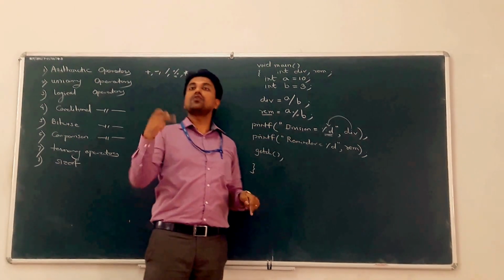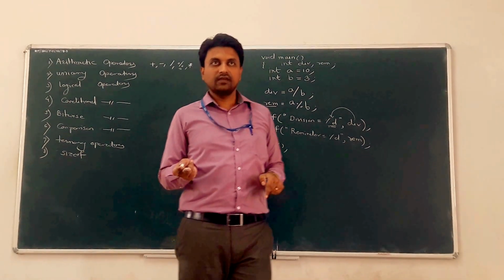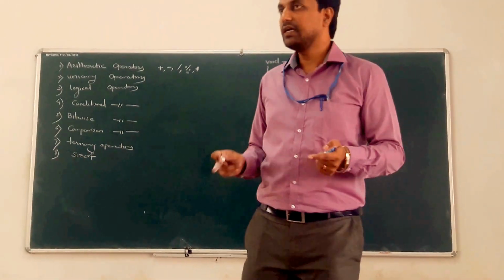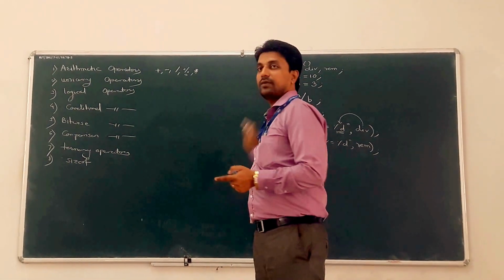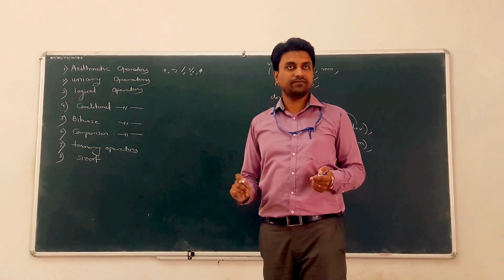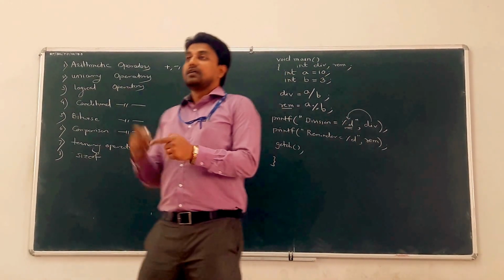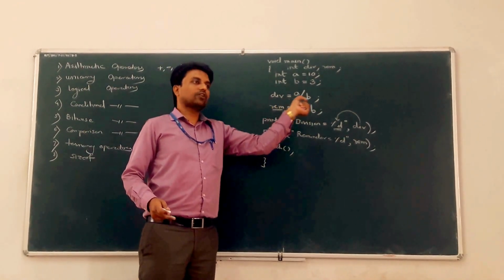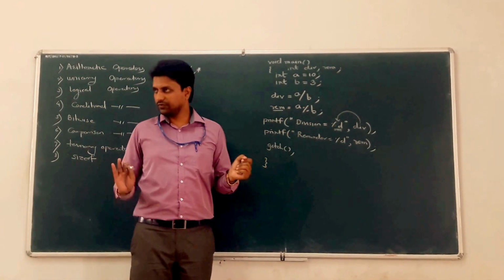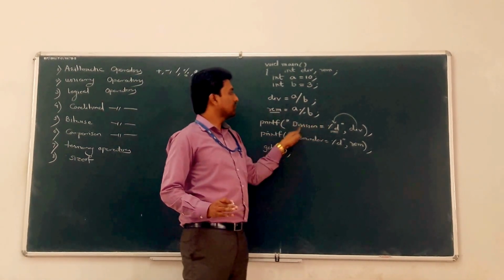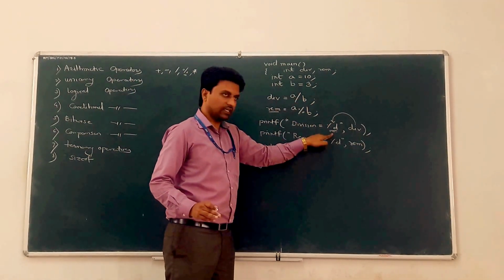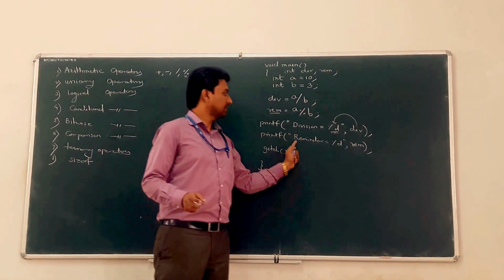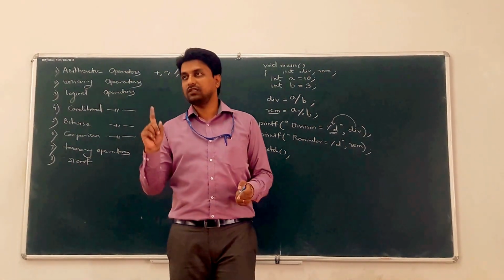If you use float, then the result is in float, but at least one of the variables must be float type. Clear? Then only the value is written with a decimal point, like 3.3, whatever the result. So here division is equal to 3, म्हणजेच पूर्ण भाग. Clear? And remainder is equal to 1.